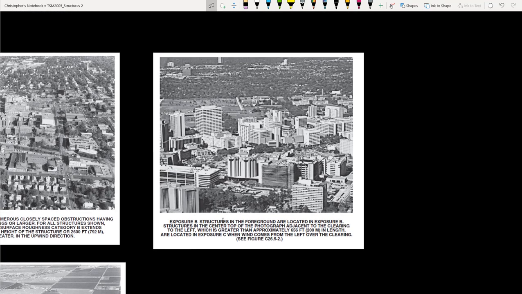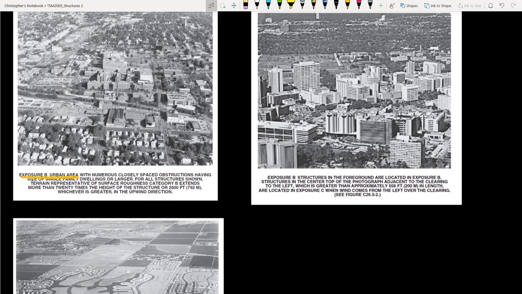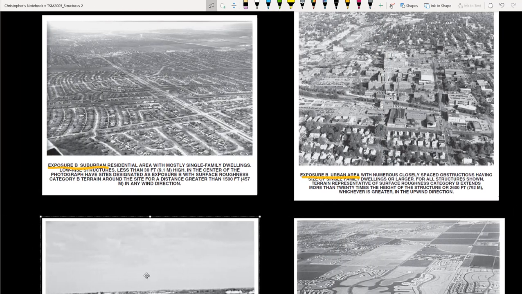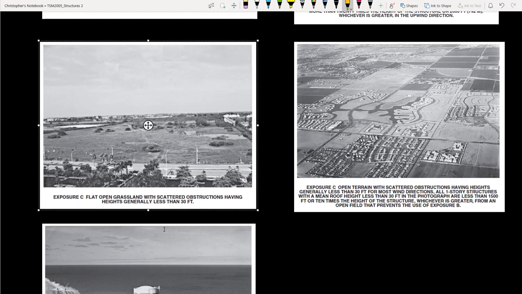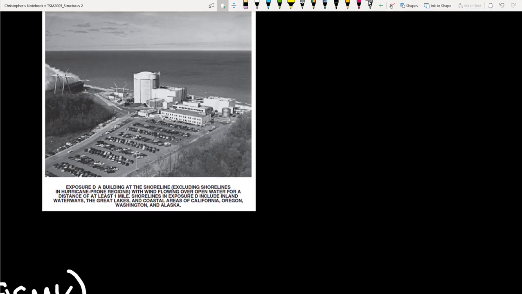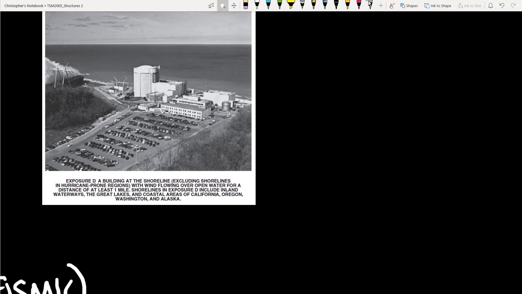So a typical building will have a wind exposure category of B. But let's take a look at the other exposure categories. Next we have exposure C, which is for flat, open grassland or open terrain with scattered obstructions. The last photograph we have here is exposure D, which would be a building at the shoreline.